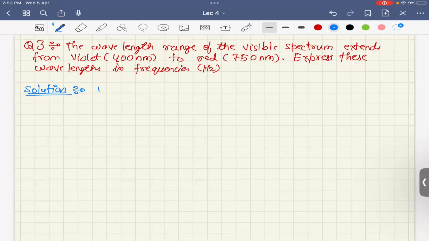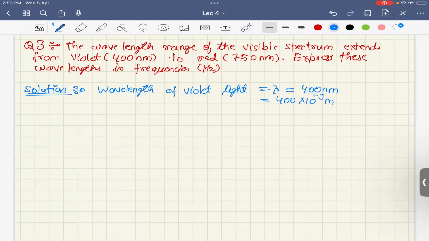So what we are given is the wavelength of violet light, nothing but lambda, which is 400 nanometers, 400 × 10 raised to power minus 9 meters.